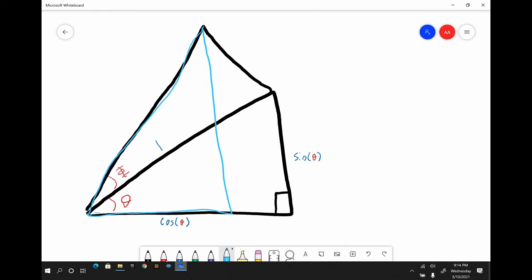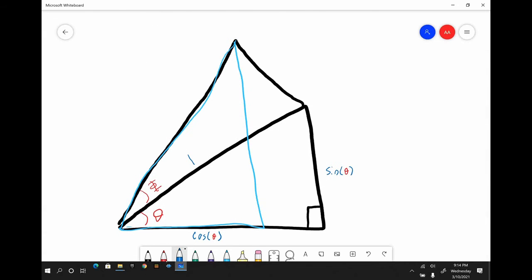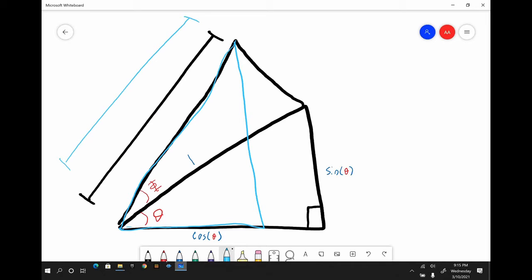Now we know that the hypotenuse of the triangle with angle phi is equal to the hypotenuse with angle theta plus phi. So that's one key piece of information that we should keep in the back of our minds.